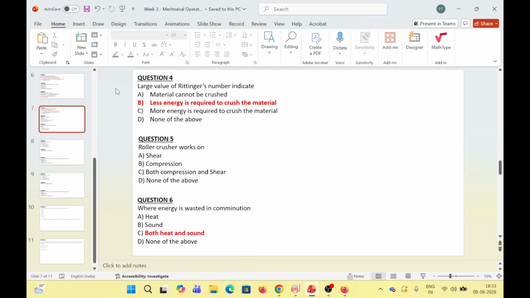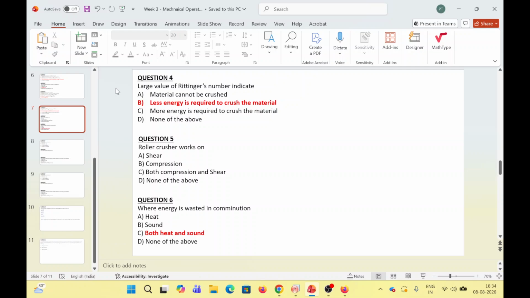Now come to question 5. Roller crusher works on shear, compression, both compression and shear, or none of the above. This is going to be simpler.